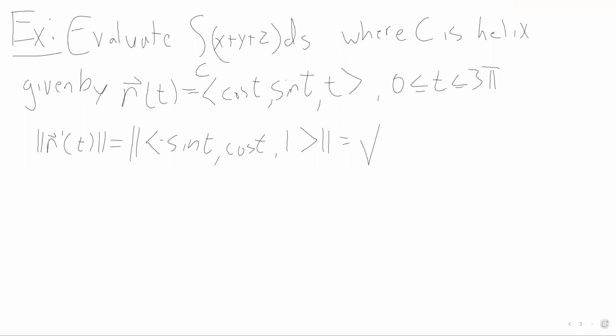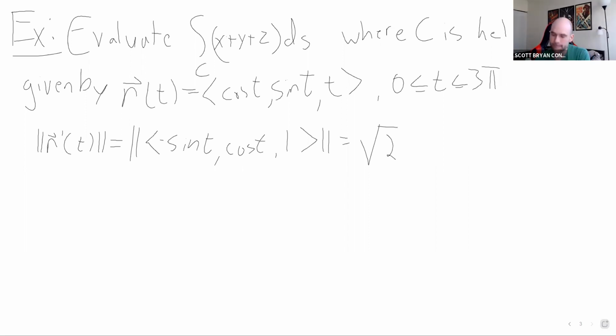Right. So we have a sine squared plus cos squared, which is 1, plus 1 squared, which is 1. So square root of 1 plus 1 is root 2. And that's magnitude r prime t. So particularly simple in this case. It's nice. Okay. So we have everything we need.